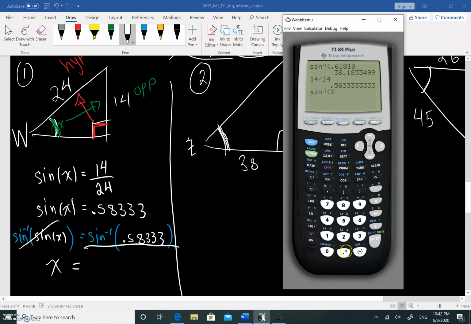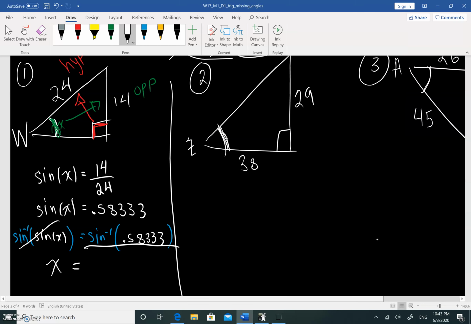So it's going to be 0.58333, close parentheses. So that's going to give me 35.685, right?